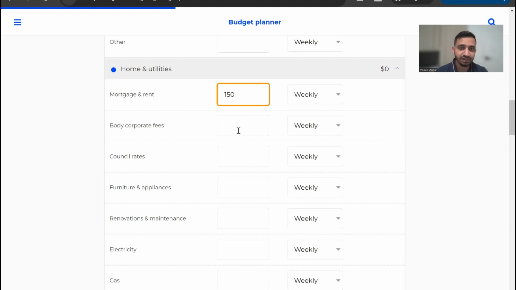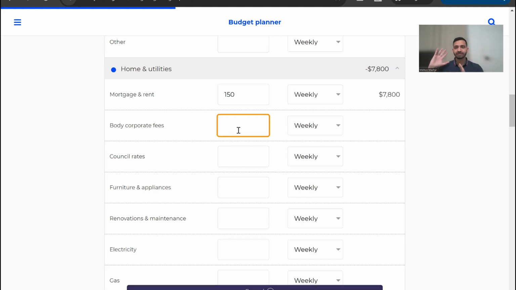I'm just going to say that's including bills. In a very good case scenario, you will find something in a suburb and you will be paying $150 per week.